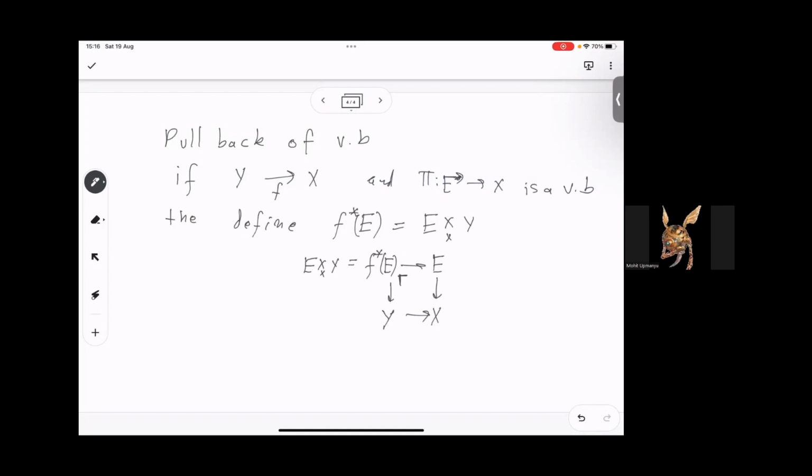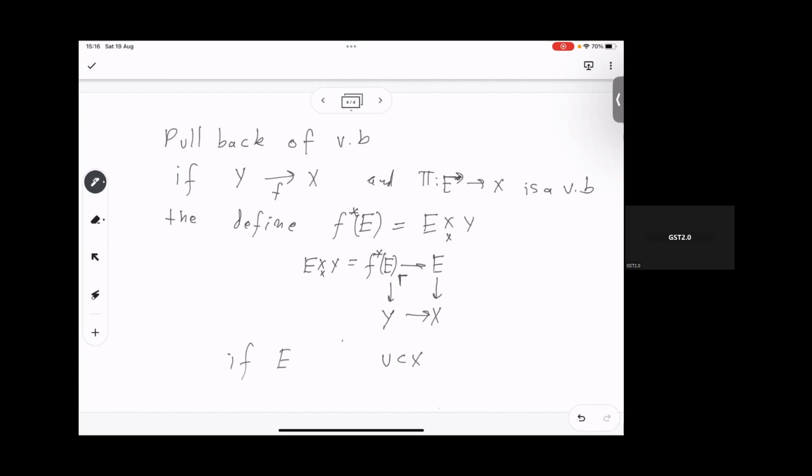What we need to check is that things are locally trivial. And so to check that things are locally trivial, all I need to do is that given any point p, the way to see that this is a vector bundle is just saying that if U inside X is a neighborhood on which E is trivial, okay?